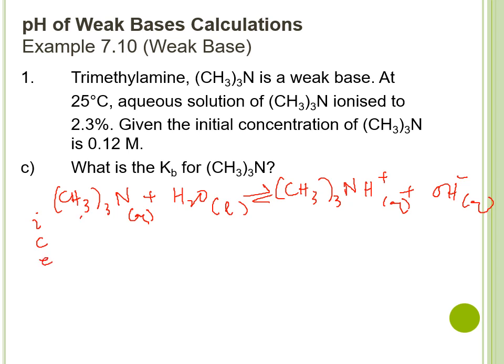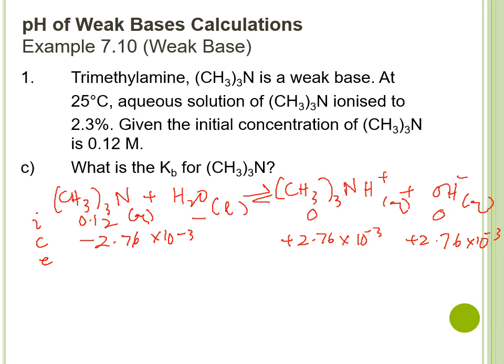So this one is 0.12. This is 0. This is 0. We don't use this because it's liquid, not aqueous. The change would be X. Oh, we already calculated X. X is actually 2.76, so this is minus 2.76 times 10 to the power of negative 3. And this one is plus X. And this one is also plus X.